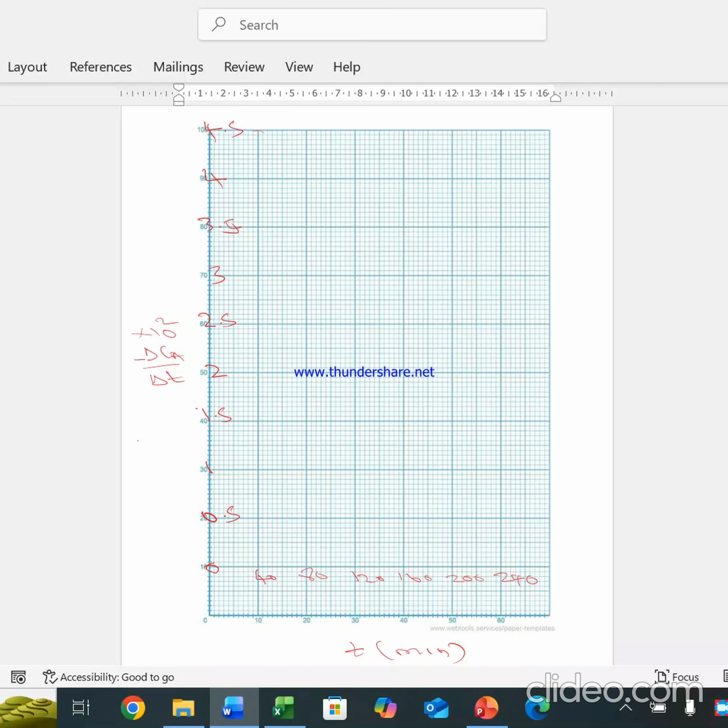Though this is 2, but I think we can manage this. So now let's plot the graph.